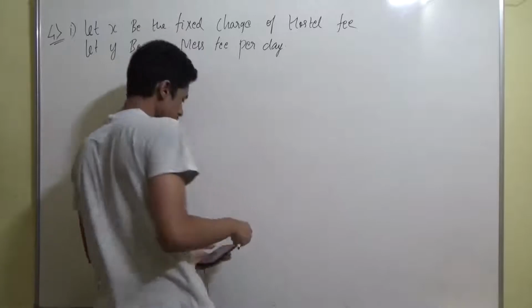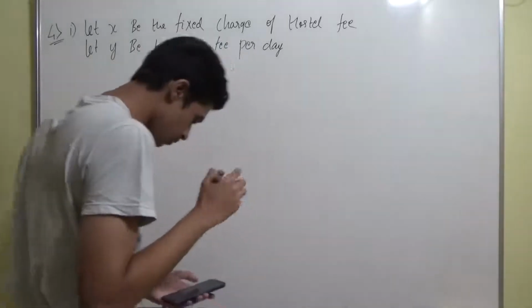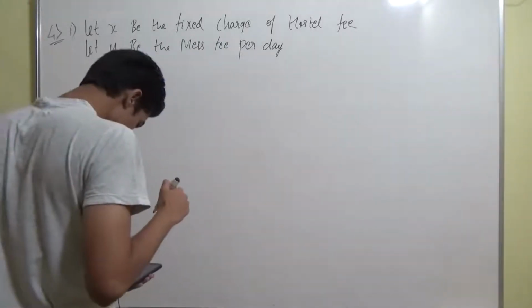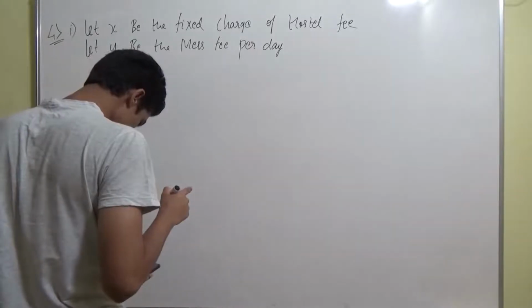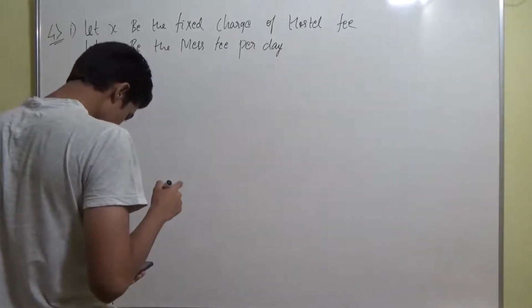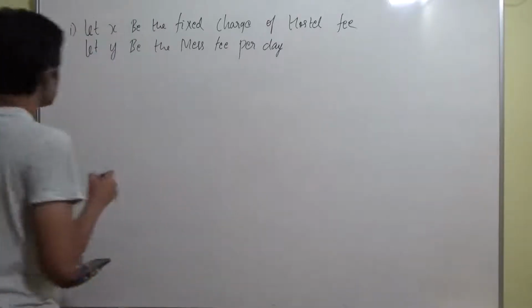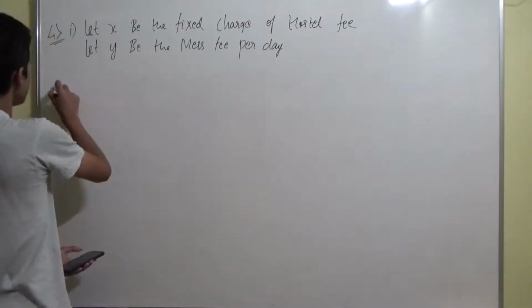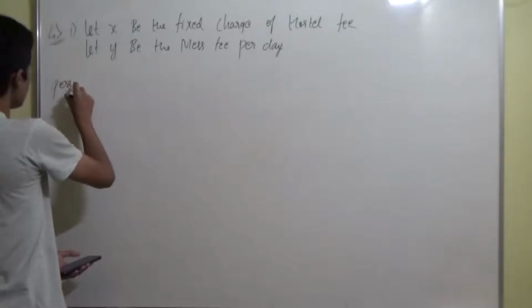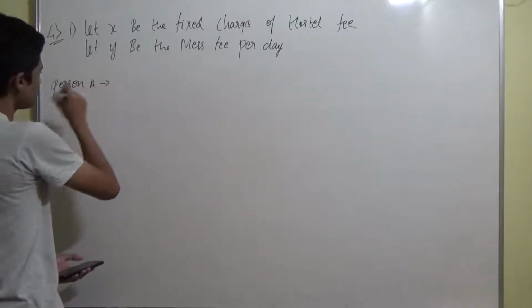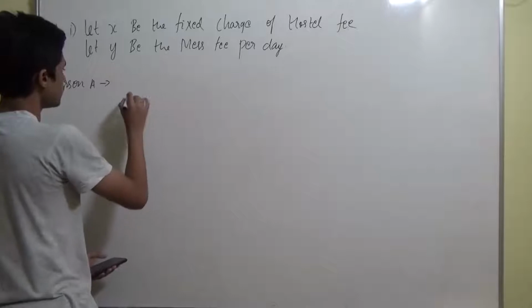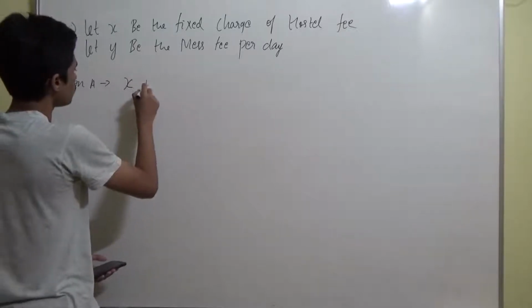Done. So now let's formulate it. They are saying person A, right? When student A takes food for 20 days, she pays rupees 1000. So it is X plus, for person A, right? X is fixed for both. That's the fixed price which you have to pay for the hostel.